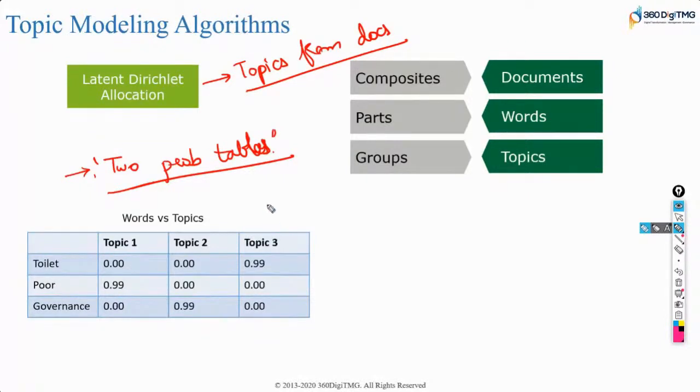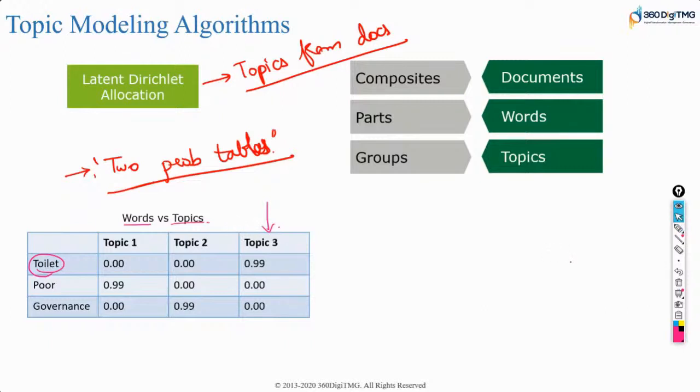For example, if you take topic 3 and you want to sample a word, there is a high probability that the word toilet would be picked up. Okay, this is one table which is maintained, words versus topics.